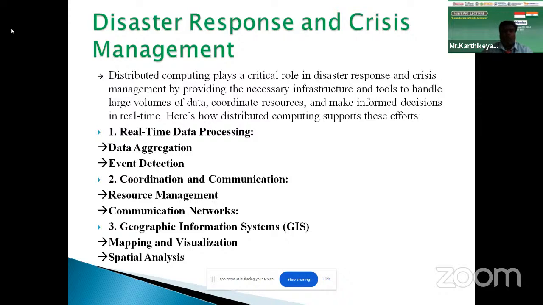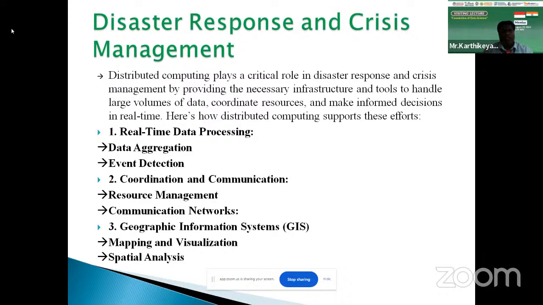The second one is coordination and communication. This follows resource management and communication networks. Resource management helps in coordinating resources by analyzing data from multiple sources to optimize the allocation of personnel, equipment, and supplies. And the next, communication networks.